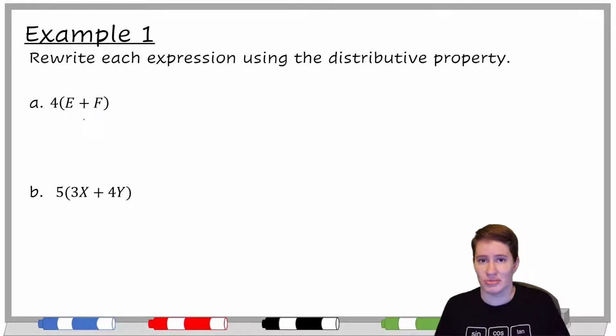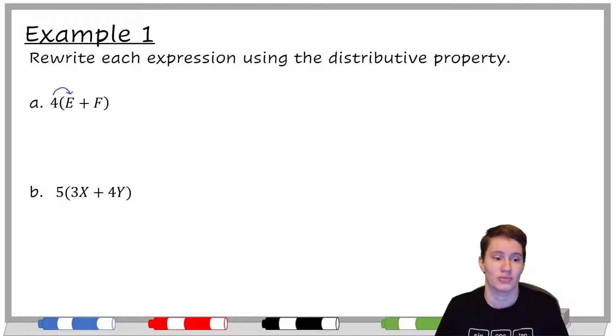We have to assume that they are representing two different things, and so we can't just try to combine them into ef or in some way. That's not how it works. We leave them separate. What we can do is we can distribute this 4. So I can do 4 times e. I'm going to use dots because we are using variables here, so we might end up with some x's, right?